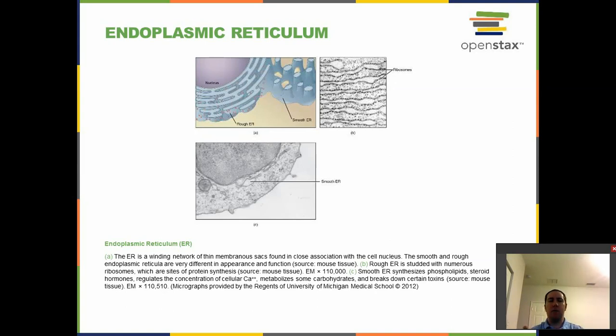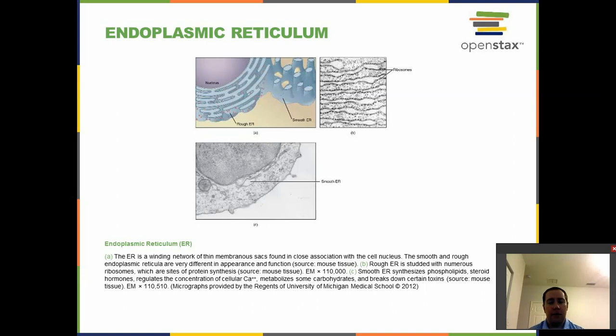Imagine taking some plasma membrane and kind of folding it up into a whole bunch of layers and putting it inside of the cell. That is the ER. But there's open area between those folds. That is where the proteins being made by those ribosomes are being injected into. And so the rough ER is the site of protein synthesis.